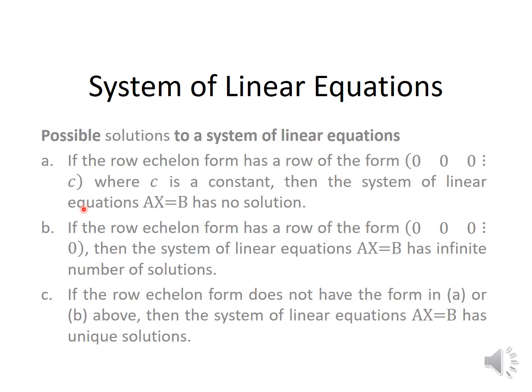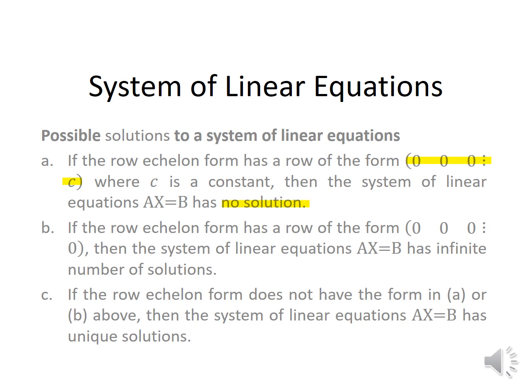Possible solutions to a system of linear equations: if the row echelon form has a row of the form where c is a constant, then the system of linear equation Ax equal to b has no solution.